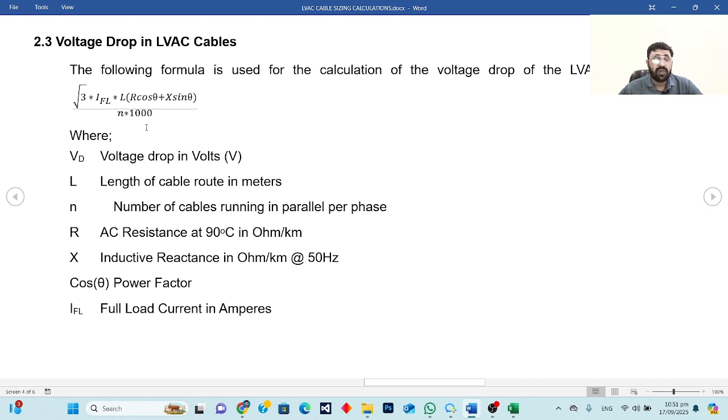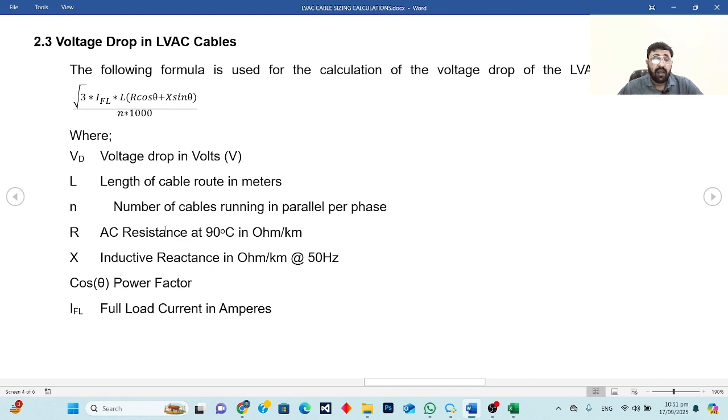Basically, 1,000 we multiply because in the formula the length will be in kilometers, but in actual basis we are calculating the length in meters, so that's why we divide this length by 1,000 to convert into kilometers. So that is the voltage drop in volts, length in meters, the number of cable runs in parallel per phase.